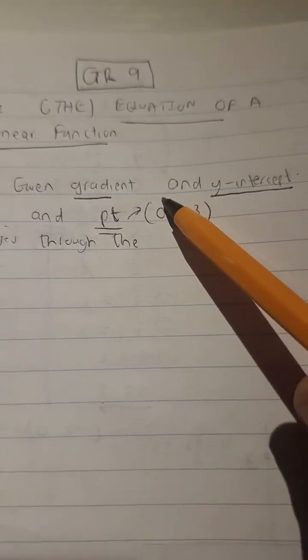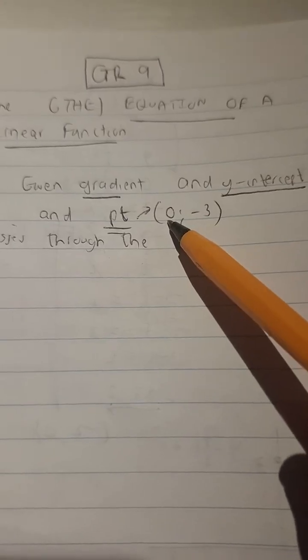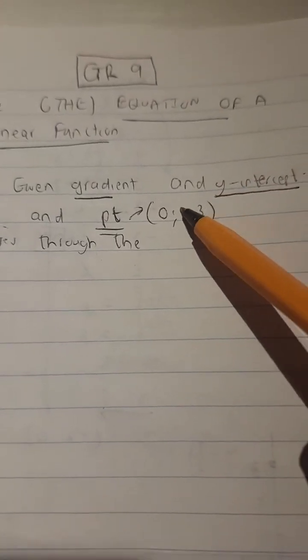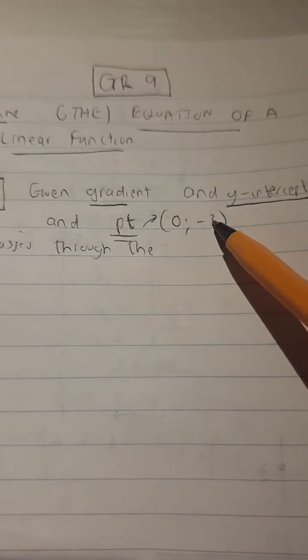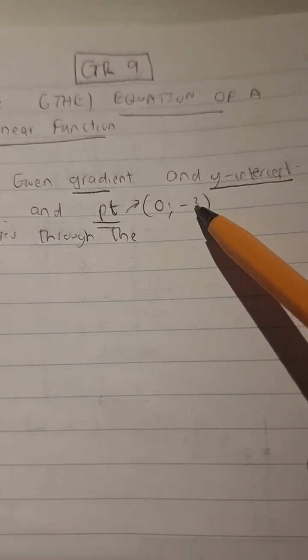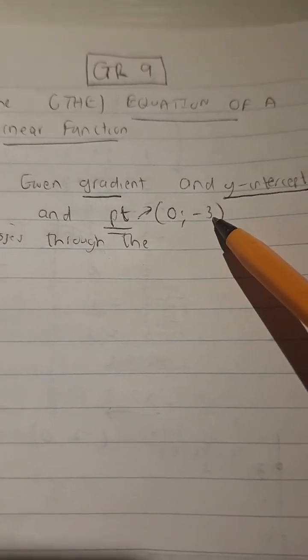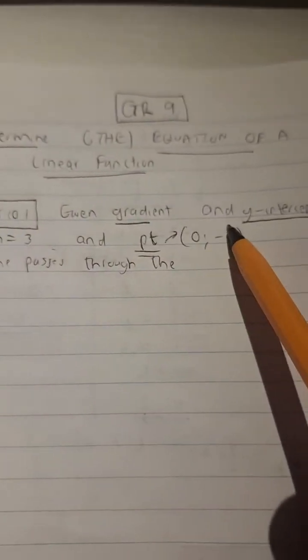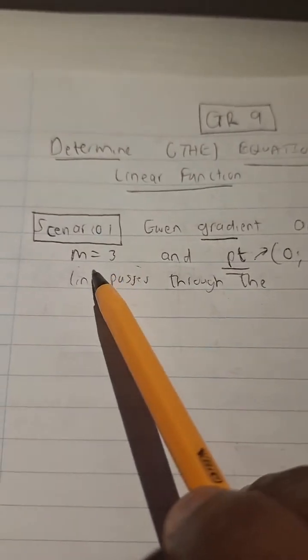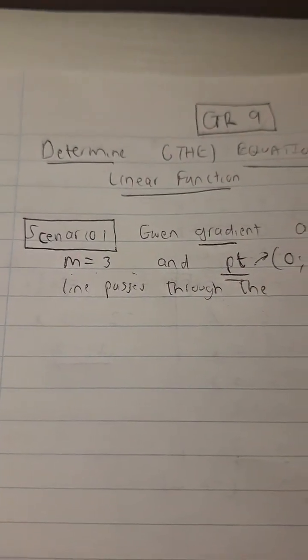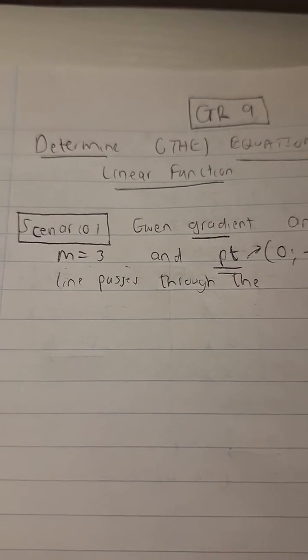We know that when x is 0, we are talking about our y-axis. But the minute y is negative 3, it means on that y-axis we are going directly to where our y value is negative 3. Let me repeat this one more time. If they say the line has a gradient of 3, that just means it is sloping upward.